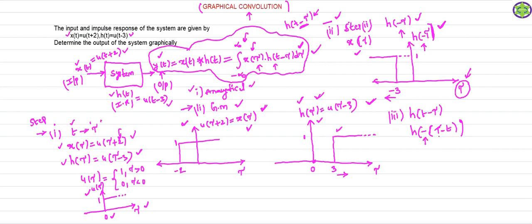Therefore with respect to tau, your h of minus tau is shifted t units to the right hand side. So that is your h of t minus tau.